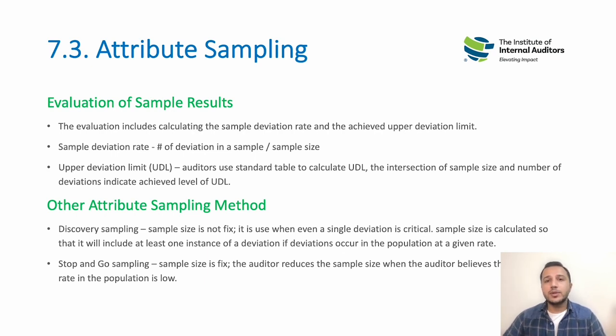Another attribute sampling method is the discovery sample. A discovery sample is when we review the sample data until we find a single deviation, because there might be a possibility that the audit objective we want to meet from that review is of a very critical nature. Even one instance could lead to a major risk to the company, maybe a major non-compliance.